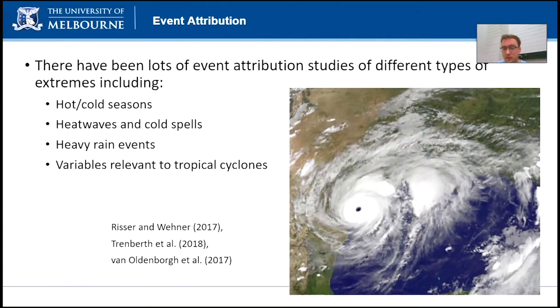There's been a lot of study in the US of that event and the role of anthropogenic climate change to do with different variables relevant to tropical cyclones, including the ocean heat content in the lead up to the event and the precipitation that was produced by the tropical cyclone.